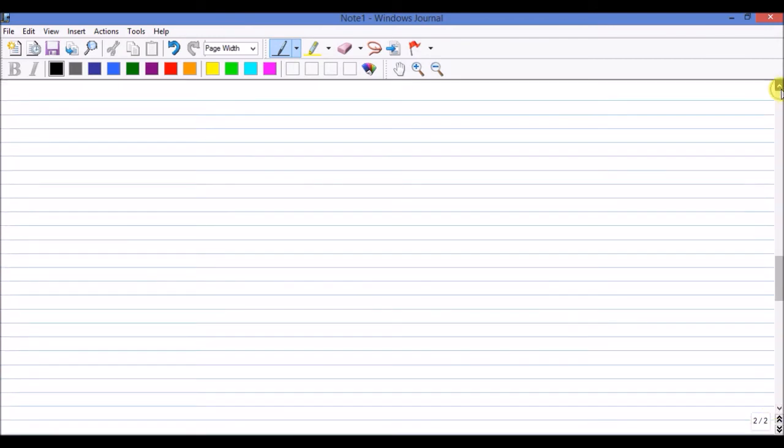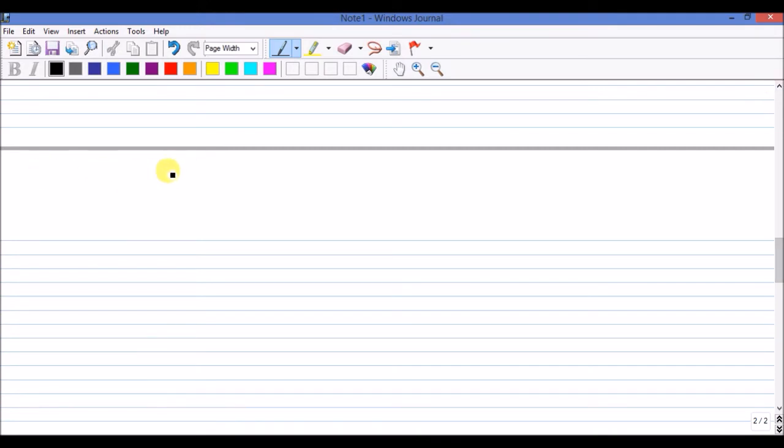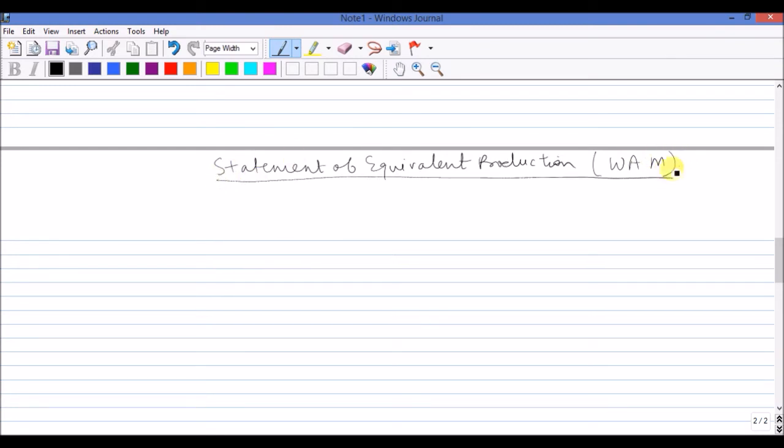Now we are going to a very crucial part, and in this I am going to prepare a statement of equivalent production. And friends, we are going to do this by weighted average method. Now you'll come to know what is the difference between the two.